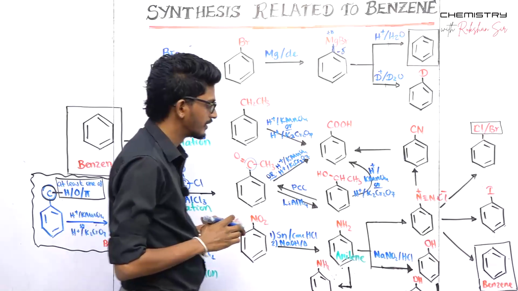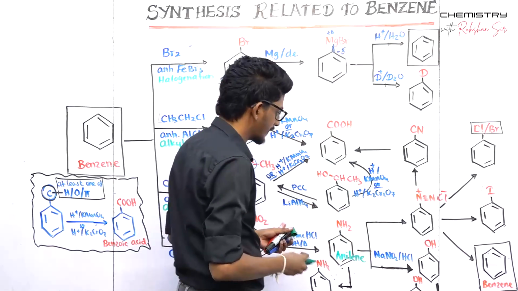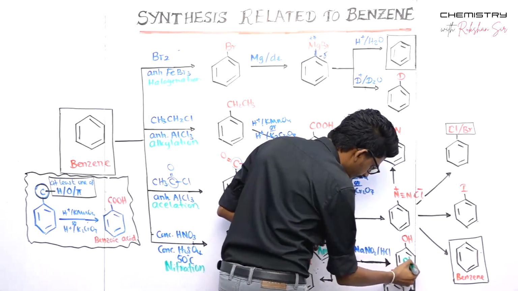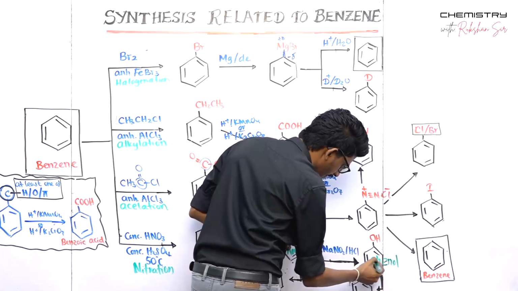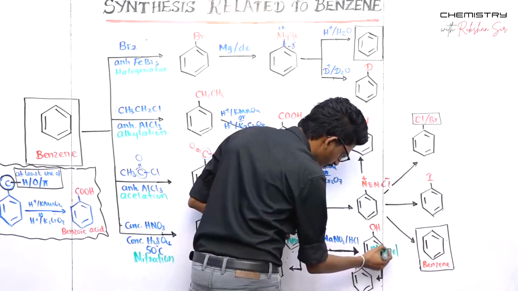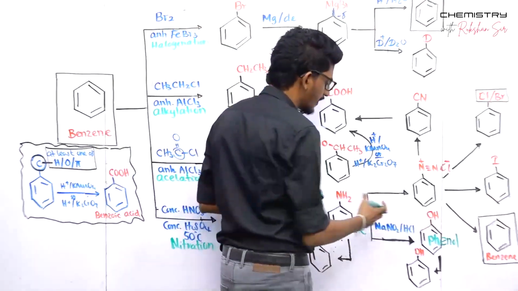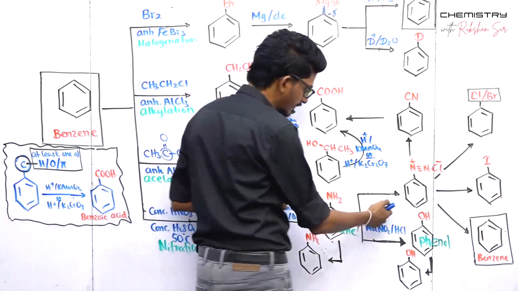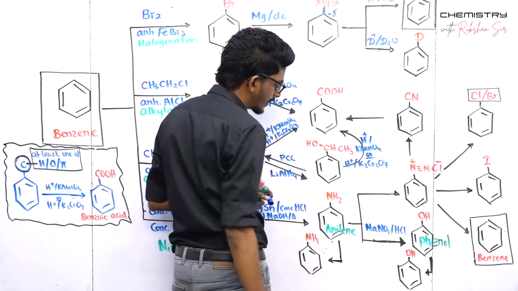This special compound is referred to as phenol. The benzene with an OH group is referred to as phenol. You had the aniline, now this is the phenol, right?